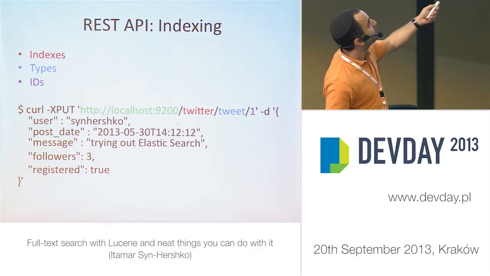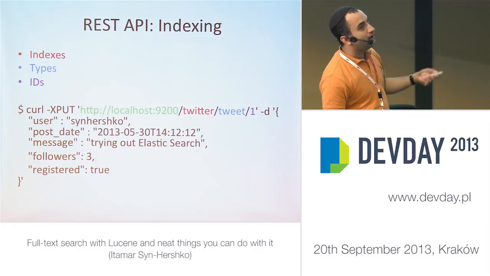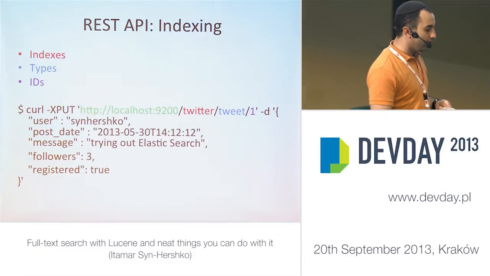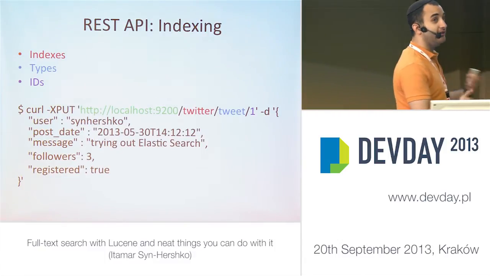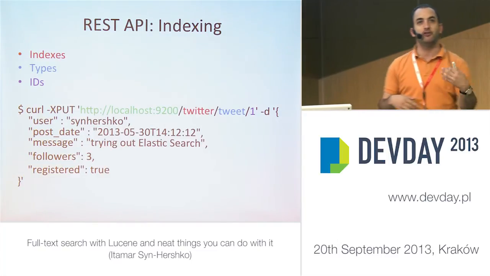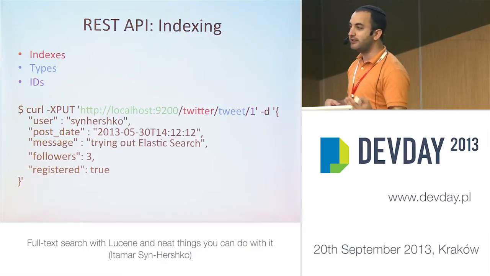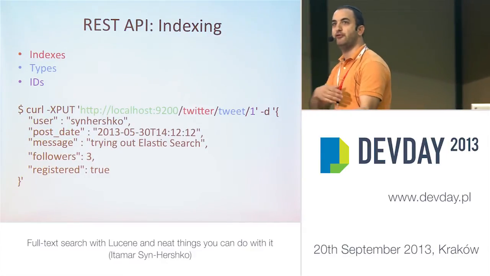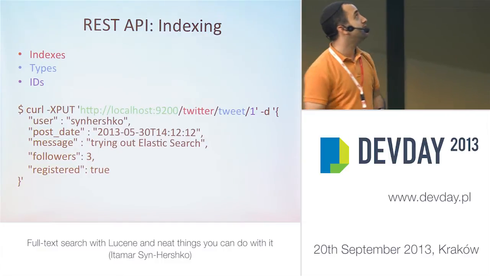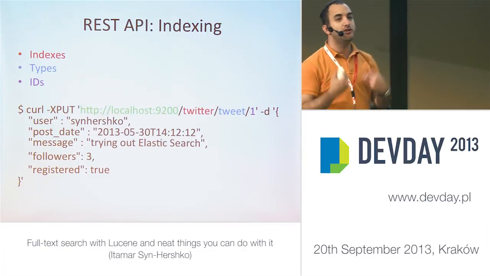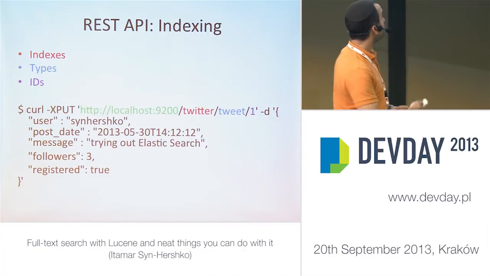You'd have the actual index name, and within each index, you would have a type. So you can store different types of data within one index, and you can have multiple indexes. The multi-tenancy of multiple indexes can be used, for example, for different clients, for different applications, etc. And then each document that you put, you can use an ID for.